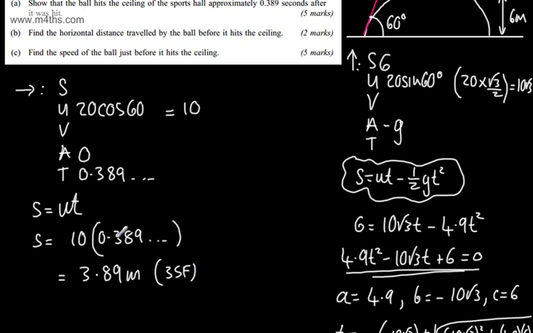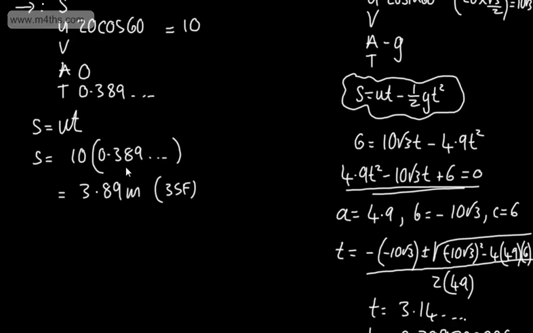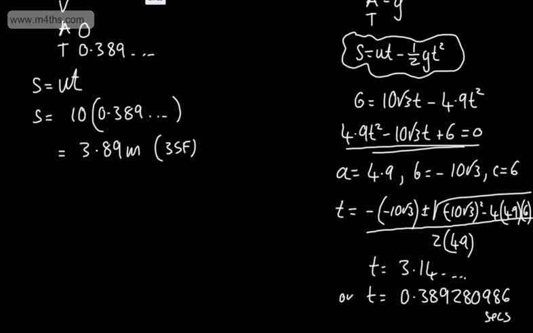So all I've done is simply plug that in. We're asked to find the speed of the ball just before it hits the ceiling. So let's think about what we've got here, and we can draw this up. So again, sketching this out, we'll have the following. I'm going to have now the horizontal, and the horizontal velocity remains constant.